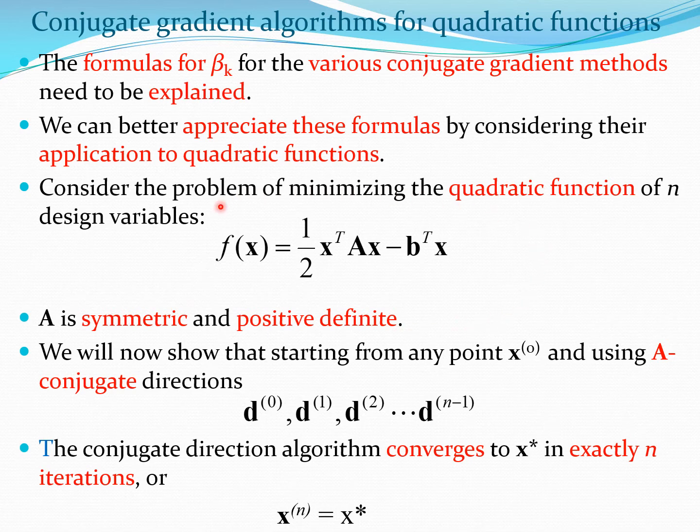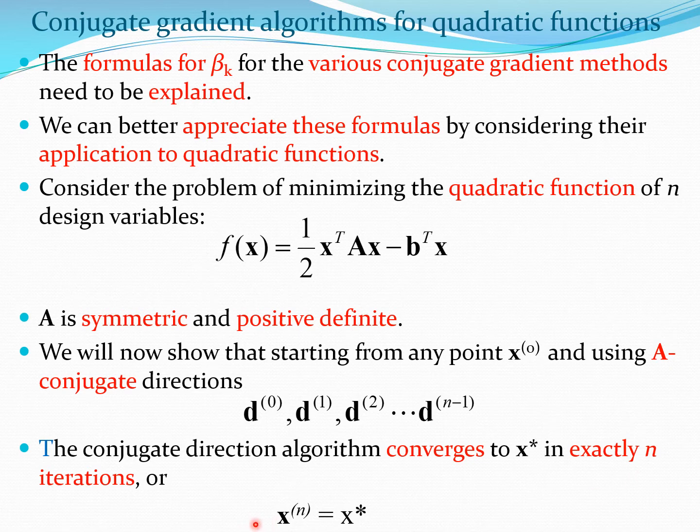Consider this quadratic function of n variables f of x, where A is a symmetric and positive definite matrix. Now we will show that starting from any point x0 and using A-conjugate directions d0, d1, d2 all the way to dn-1, the conjugate gradient method will converge to the solution x star, which is the optimal solution of this function f of x, at exactly k equals n.